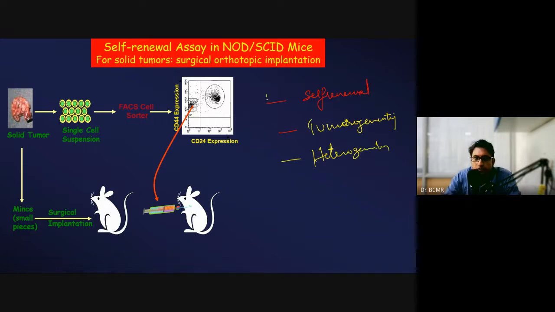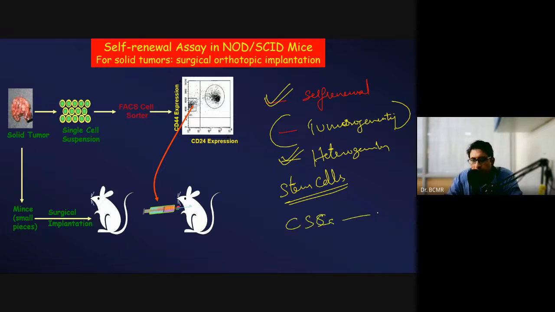So if you look at self-renewal and the ability to differentiate into something else or cause heterogeneity through asymmetric cell division, they are properties of stem cells as well. What is additional here is the ability to form tumors. And of course, the source of the cancer stem cells is cancers.